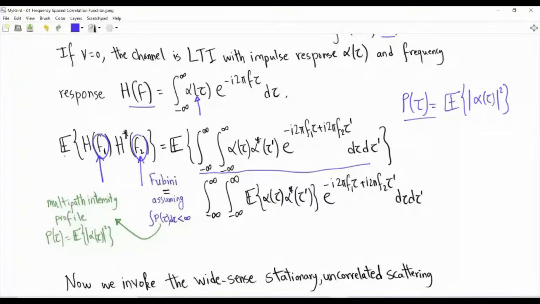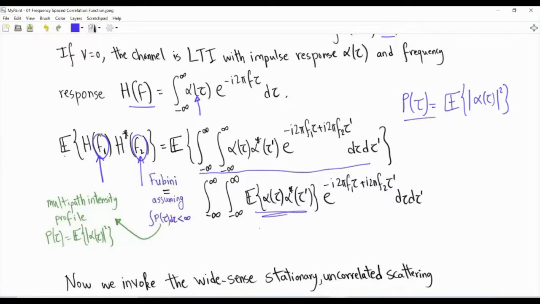If this function is integrable, then you can use Fubini to argue that it is valid to interchange the order of expectation and integration. So you can take this expectation inside, and it will be applicable to the random variables in there. So those are alpha of tau and alpha of tau prime.